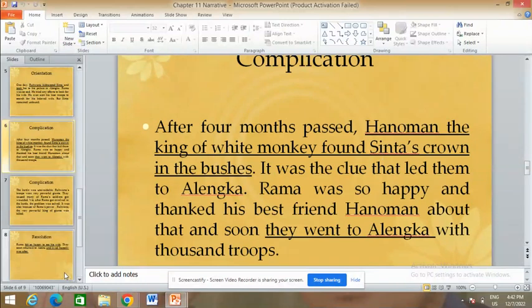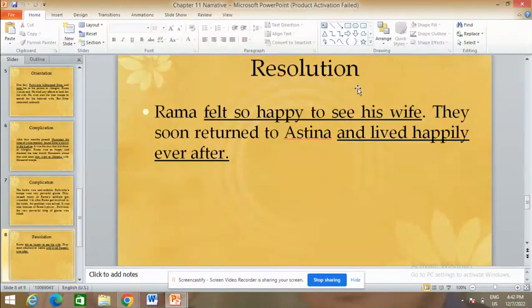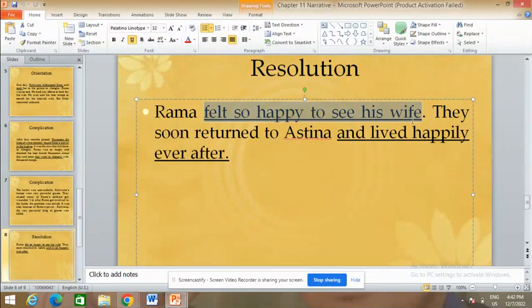And then the last one. What is the resolution? The resolution was Rama felt so happy to see his wife. They soon returned to Astina and lived happily ever after. You may take a look at the underlined words like this.